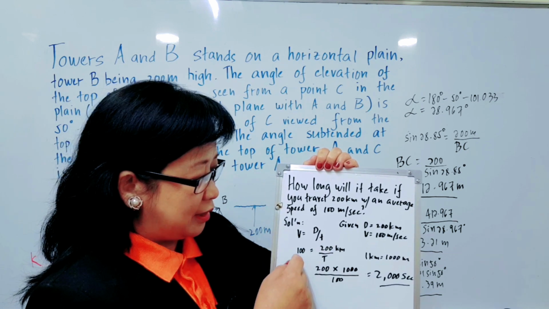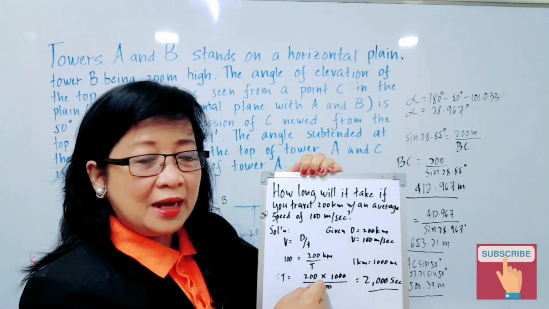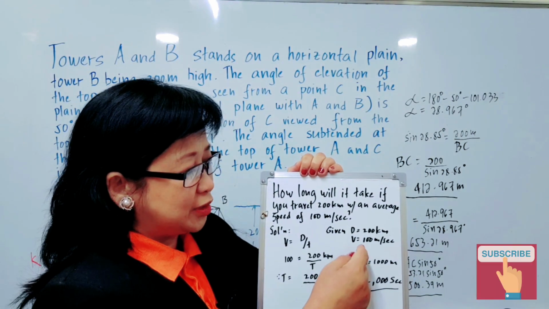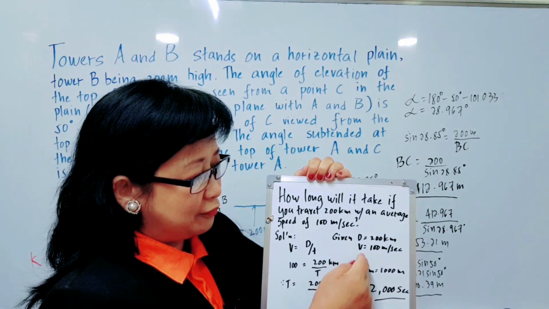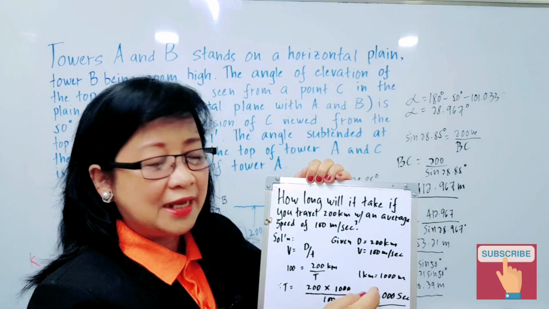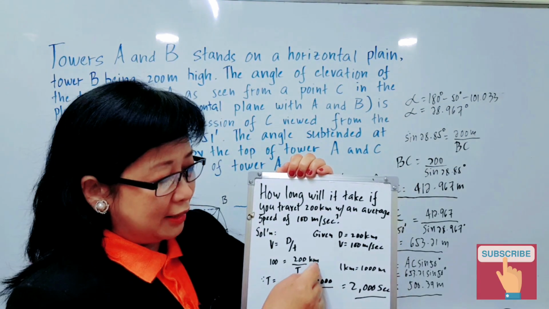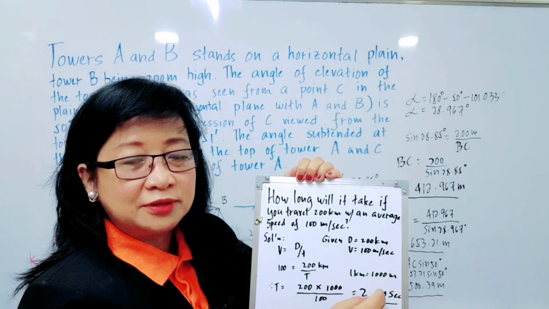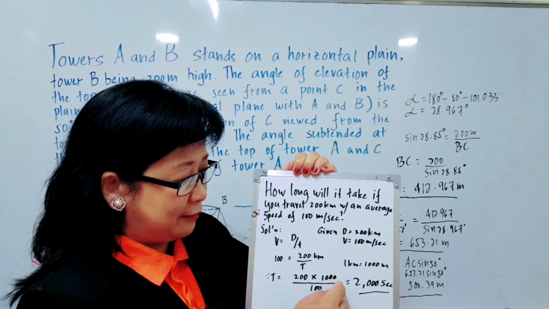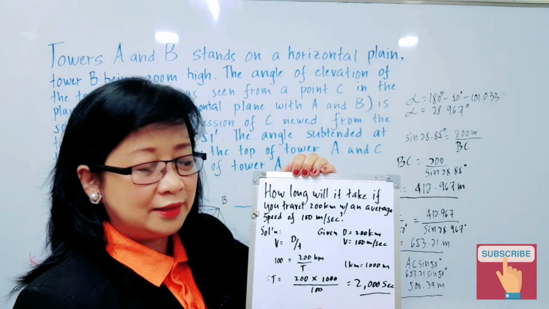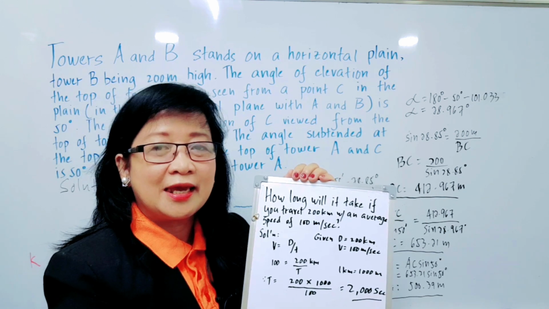Substitute the values in the formula, but you have to change the kilometers to meters because the given speed is in meters per second. So multiply by 1,000 meters because 1 kilometer is 1,000 meters. The correct solution is 200 times 1,000 meters divided by 100, and the answer is 2,000 seconds.